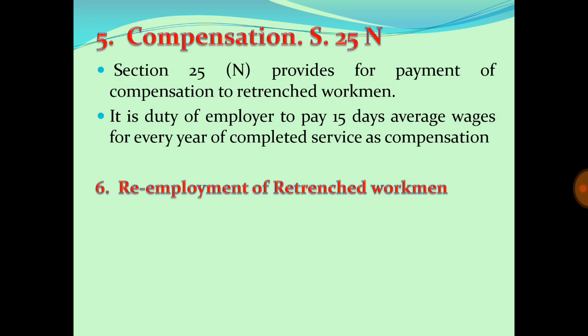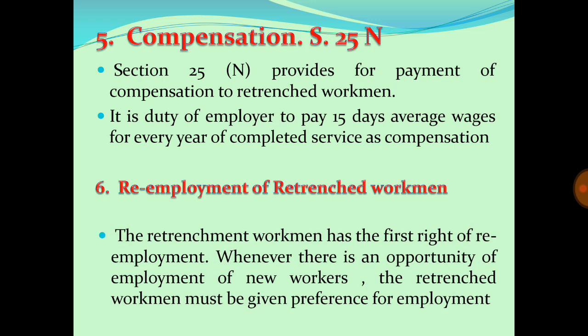Then the next provision is for the re-employment of a retrenched workman. See, retrenchment is nothing but the termination of service because such workers are found extra. So when there is any opportunity of employment in that industry, the retrenched workman has the first right of re-employment in that industry.